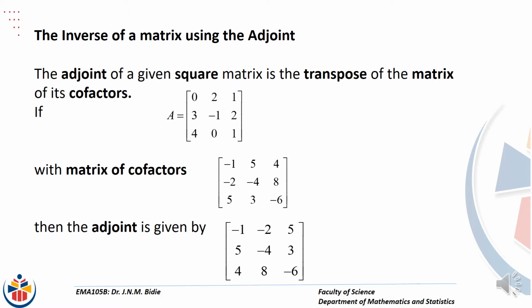Note that again, the adjoint is the transpose of the matrix of cofactors. So here I've given an example of a matrix A, and we found the matrix of cofactors, and therefore the adjoint is the transpose of that matrix.